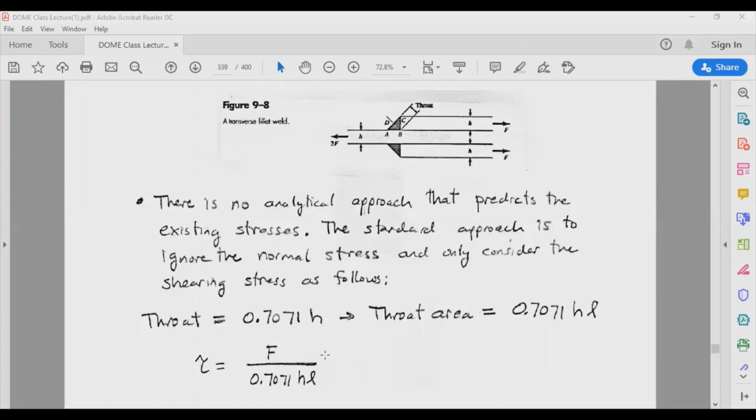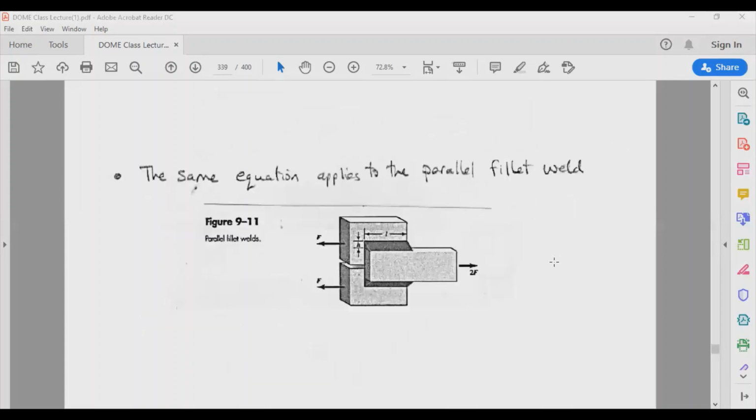So this is given to you like this, and then you have to use it like that later on in the exam, or on the project if you have to deal with welds. Again, you're not projecting the force on the area. You are simply saying that the shear inside the weld is going to be equal to the force divided by the throat area. Same thing applies over here, right?